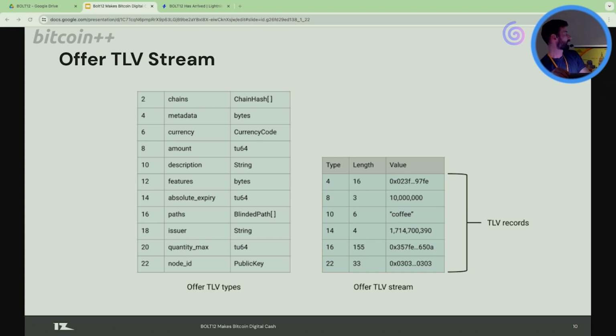Yeah, so the support comes at the offer level. There's not just one chain, but multiple chains you could include there, and that's just a 32-byte chain hash, basically. So someone like Bob may say, I support mainnet, I support Liquid, and whatever other side chains potentially. The person paying would put in an invoice request which chain they want to pay on. Since Bob said he supported, say, Liquid, he would expect the invoice coming back would be specific to Liquid.